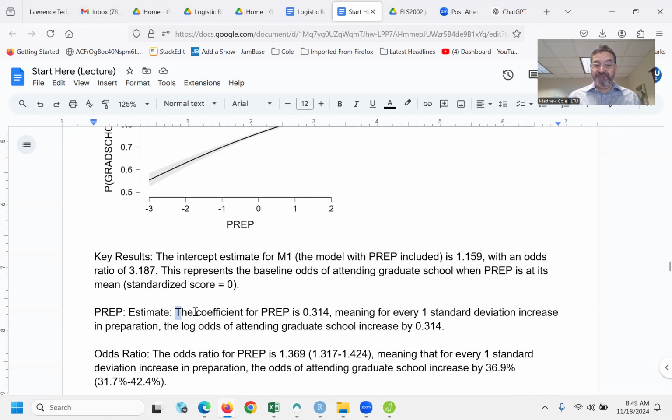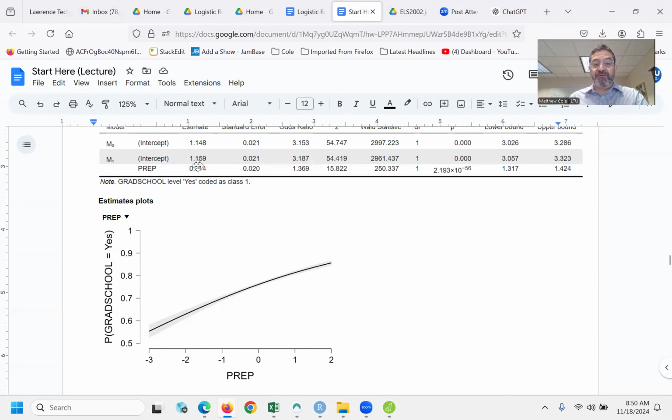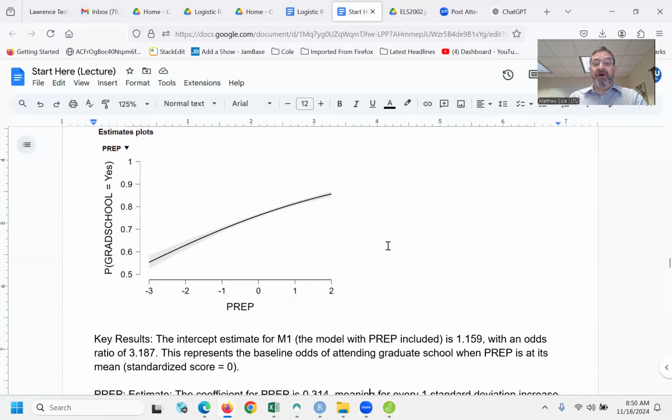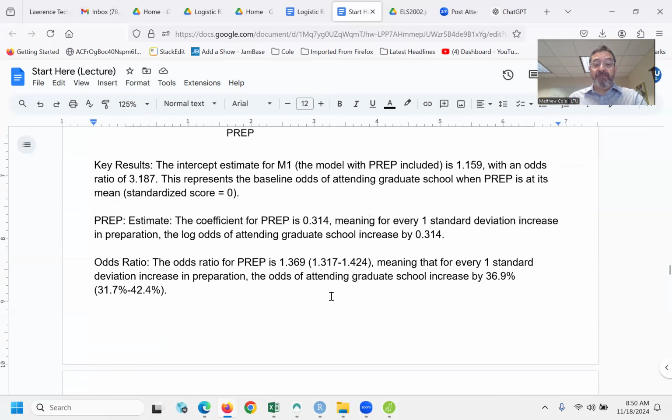So we see the coefficient for prep is 0.314, meaning for every 1 standard deviation increase in preparation, the log odds of attending graduate school increase by 0.314. That 0.314 log odds is translated into an odds ratio of about 1.4, right?